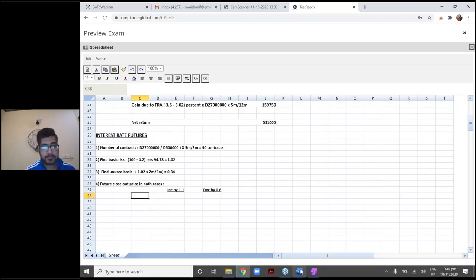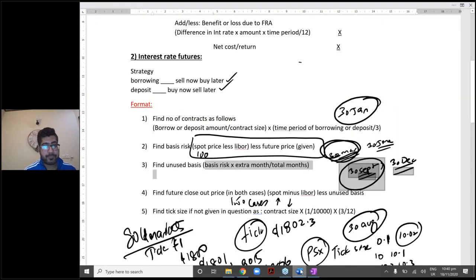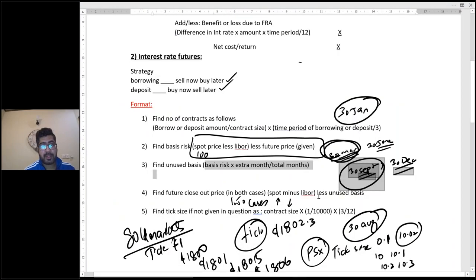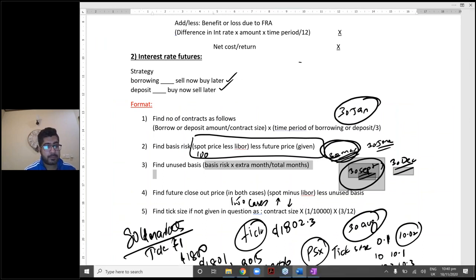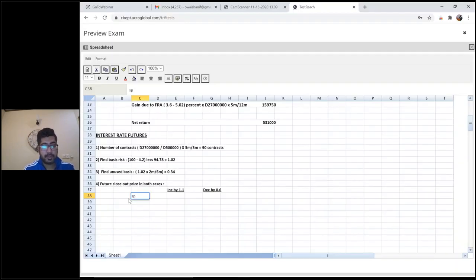So how do we get the future closeout price? Look at the formula: spot minus LIBOR less unused basis.